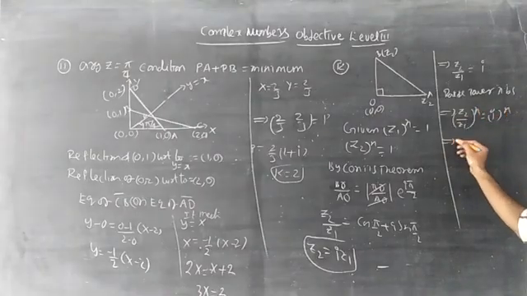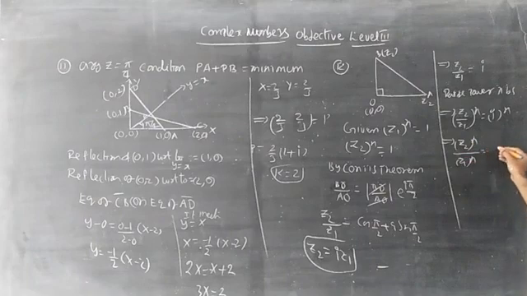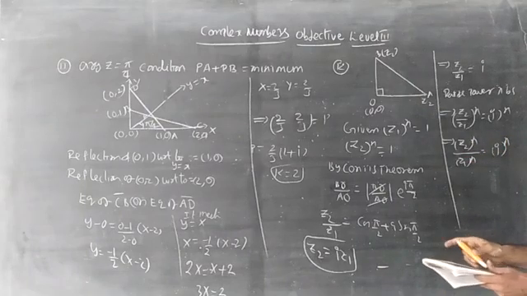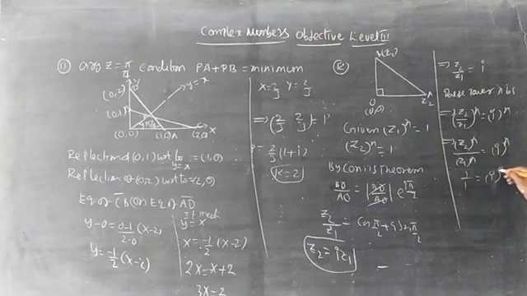That implies separately you can write Z2 power n by Z1 power n is equal to i whole power n. Z2 power n we decided is 1 and Z1 power n is 1. So 1 by 1 is equal to i power n, of course n should be 4.